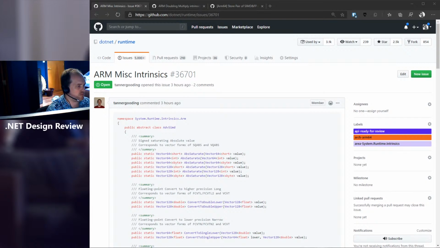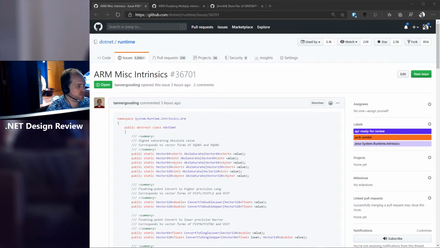We also named lower and upper for how we encode that it operates on the first or second half of the register. We do the same for convert to double, keep lower and upper. We would know that we operate on vector 64 or the upper part.